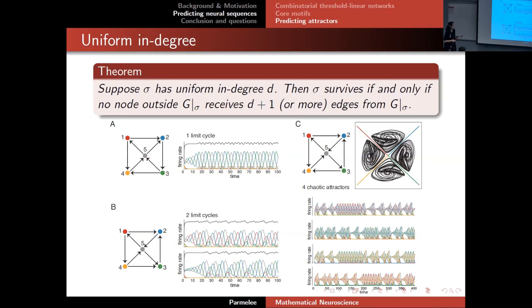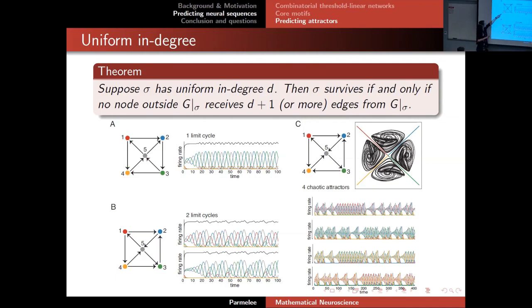The survival rule is: this subgraph, sigma, survives if there's no node outside that receives d plus 1 or more edges from it. We call that the target node. So if there's a target node that receives, for a 3-cycle, 2 or more edges, that's going to kill that core motif.